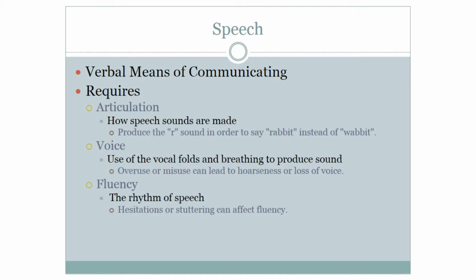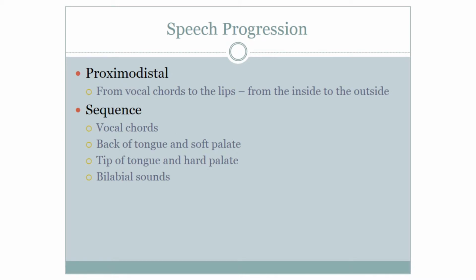Again, we talked about articulation, voice, and fluency as being the most important aspects of speech. Speech progression also happens in a very logical way, and it happens from the center of the body to the outside. So little babies begin to produce open vowel sounds and soft sounds, so they have ahs and ha and that type of noise.